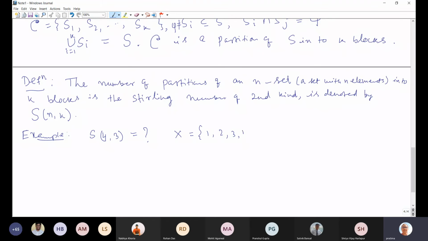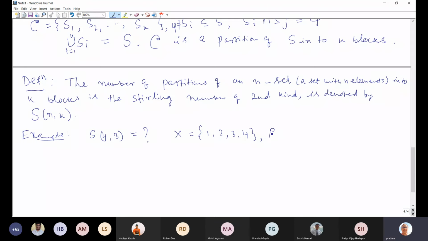I am just taking any set with n number of elements. Here n equals 4, so I have taken a set with 4 elements, and a partition of X into 3 blocks. How can you partition this set X into 3 blocks?